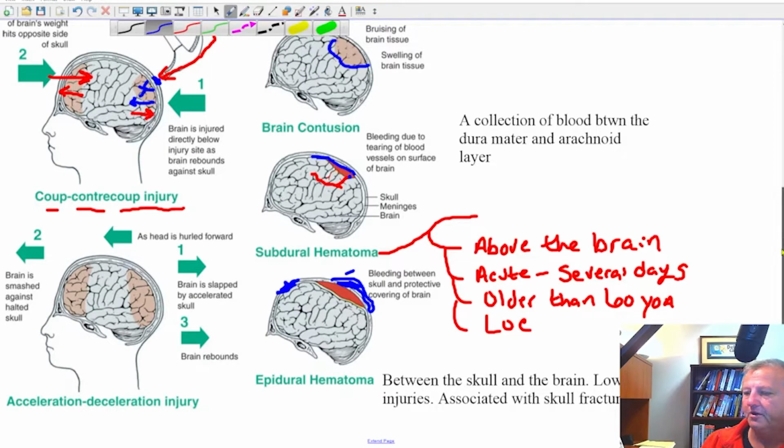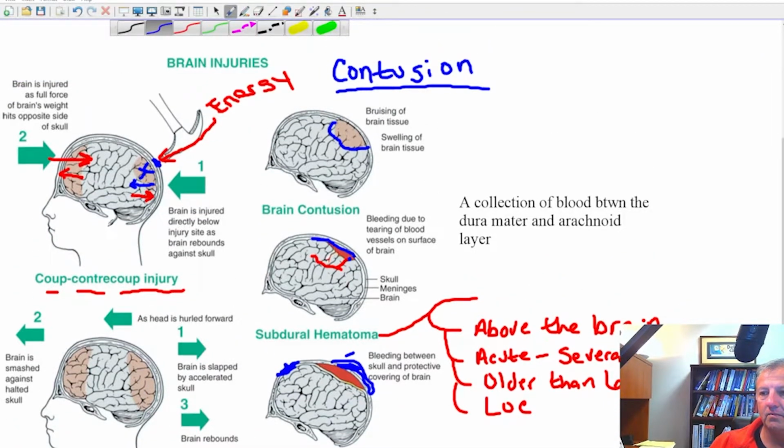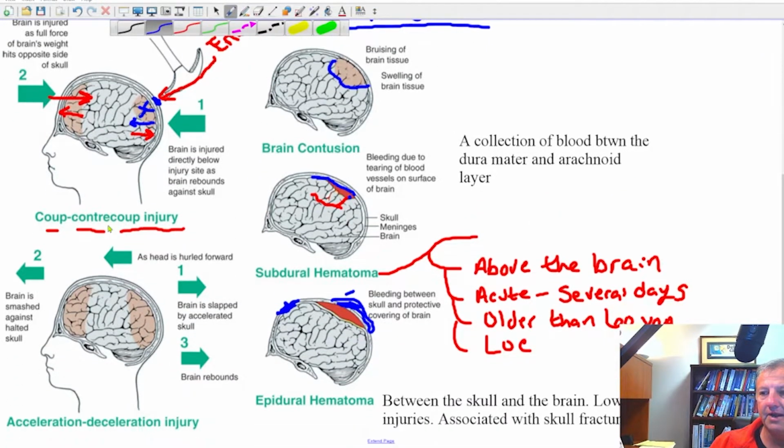All right, so let's talk about this acceleration, deceleration type injury. It's very, very similar to what we already talked about. When we're looking at the skull here, it's hurled forward. So this is where, not with the hammer, we have the direct energy coming from the hammer.